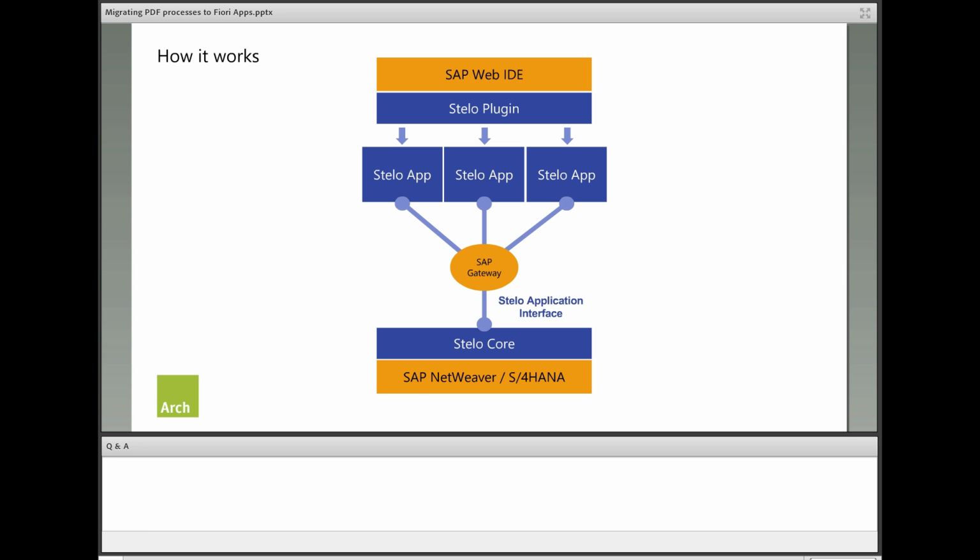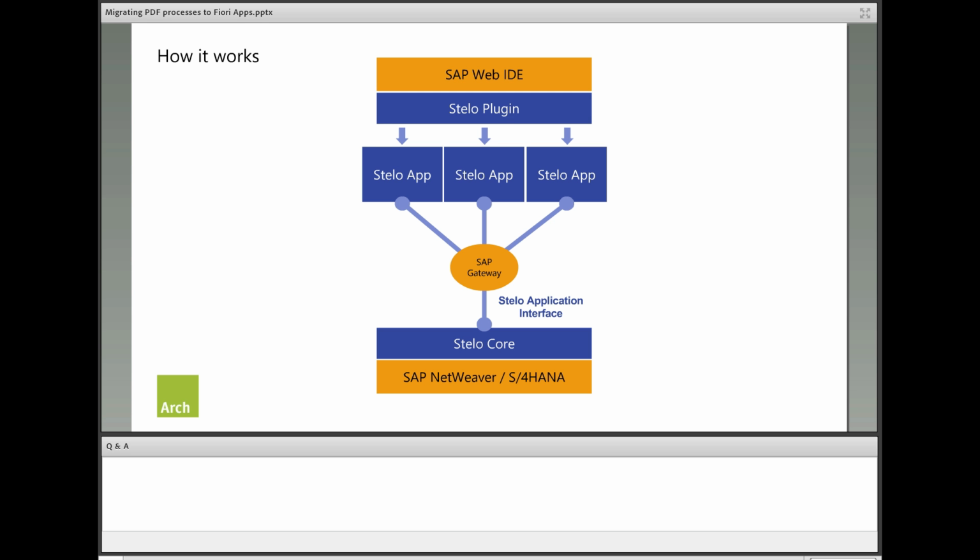And thirdly, we provide the StayLow application interface. This is a pre-delivered SAP gateway service that handles all the communication between the StayLow apps and the backend system. App data, drop-down lists, search results, attachments, everything is passed through a single interface, which means that your developers don't have to build and maintain a library of complex SAP gateway services.